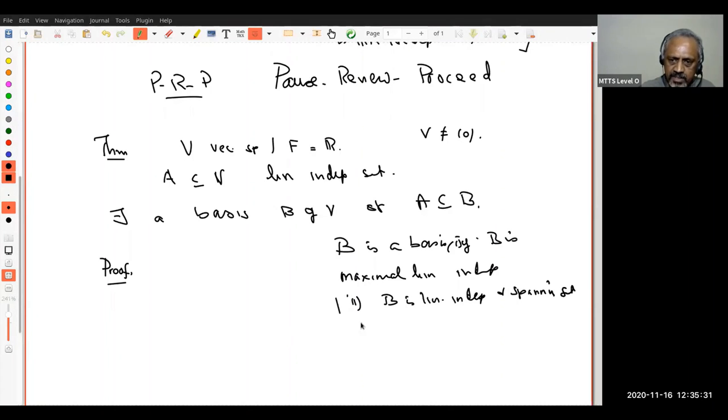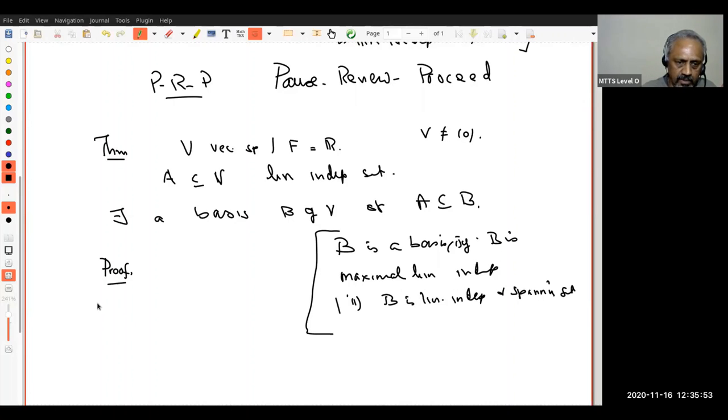And there is also a third condition, but let's not worry about it. Please again watch my video about a basis of a vector space, equivalent conditions or equivalent definitions of a basis. So when I want to prove there exists a basis B of V, what I plan to do is to produce a set B which is maximal linearly independent.